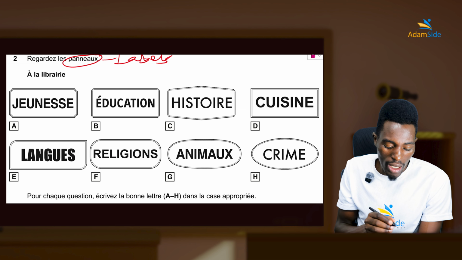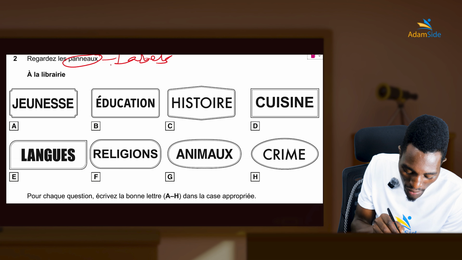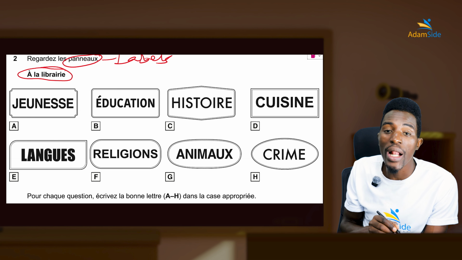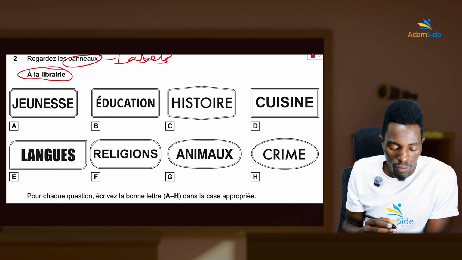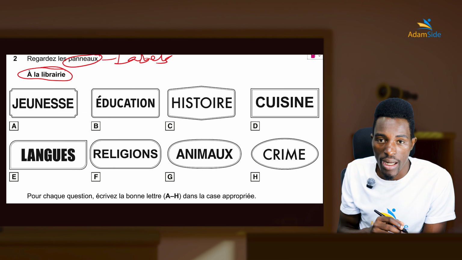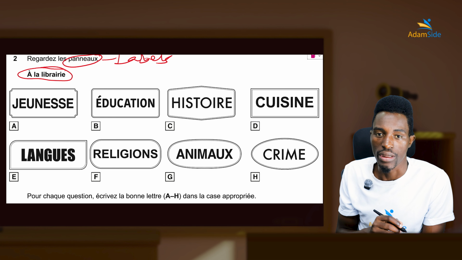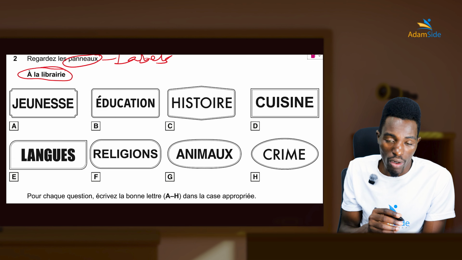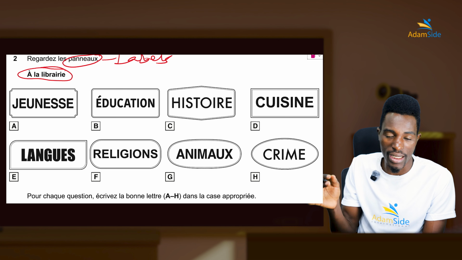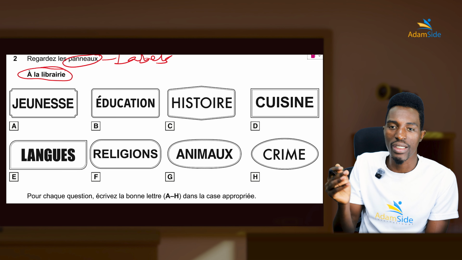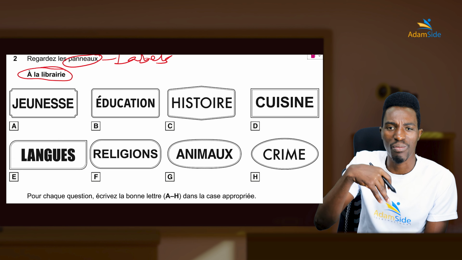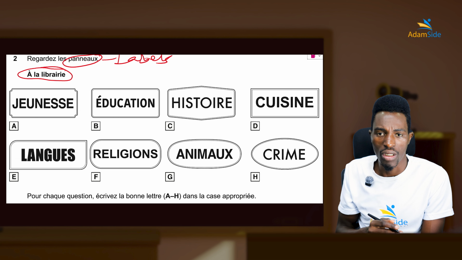So before, here we have been given les vocabulaires à la librairie. So we have to understand the vocabulary of the library. Together, as you know, in the library we can get labels and so on, like here are story books, here are language books, here are biology books, and so on.